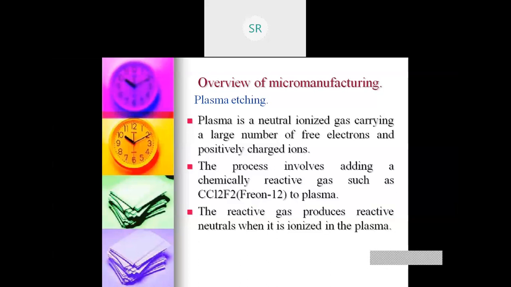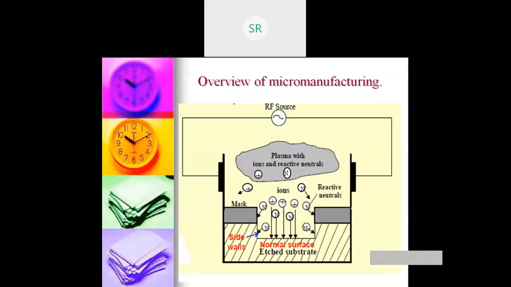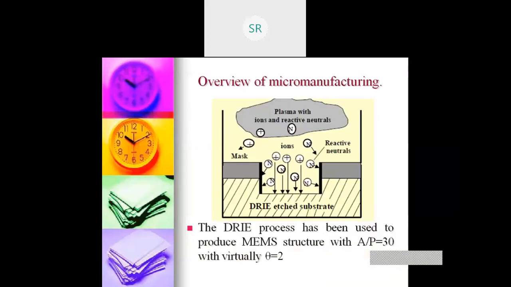fluoropolymers. The reactive gas is nothing but fluoropolymers. So why? As usual, I'll mask, and at the same time I need to mask here also.